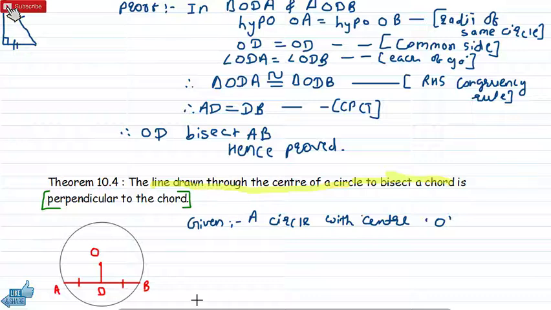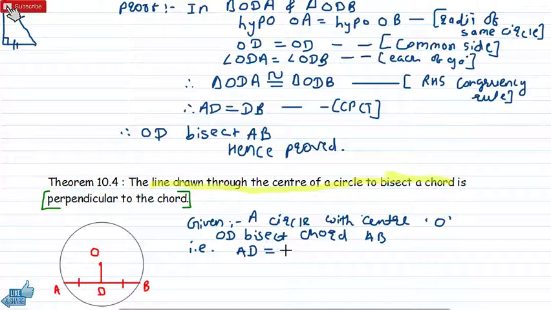So I can write here in the given, that OD bisects chord AB. That means AD is equal to DB.